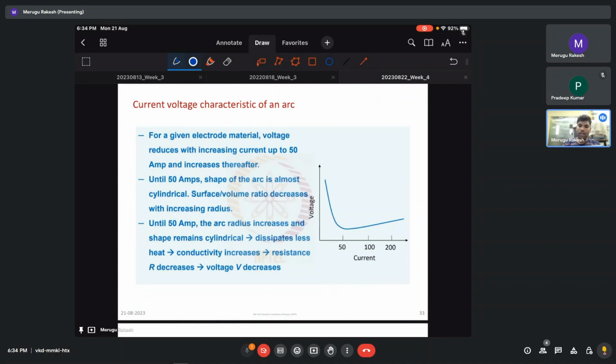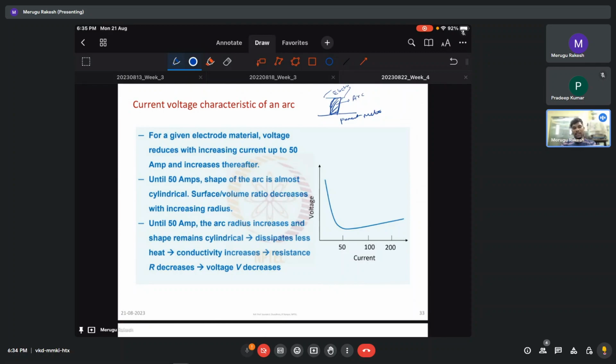What we are going to see is, we have a parent material and we are going to get an arc. So let us say this is the arc, and we have the electrode. Now let us understand what this arc is made of.